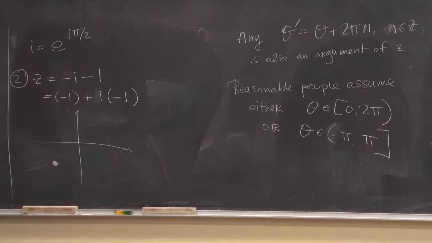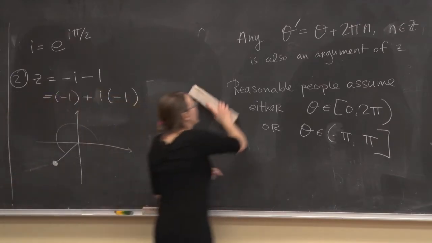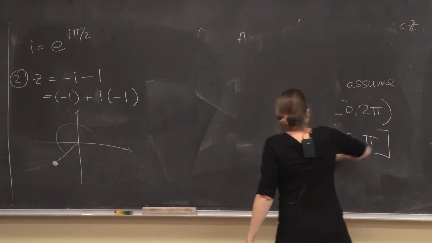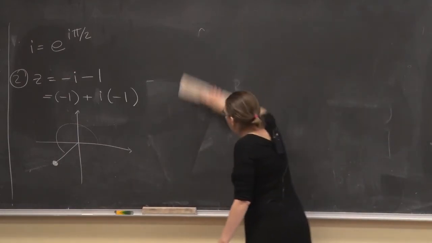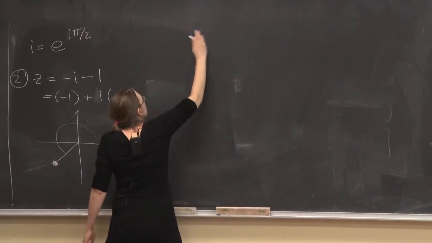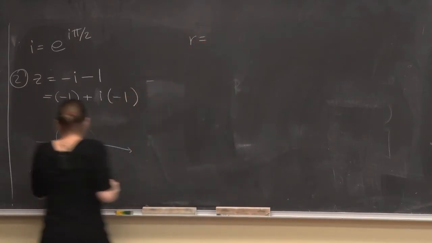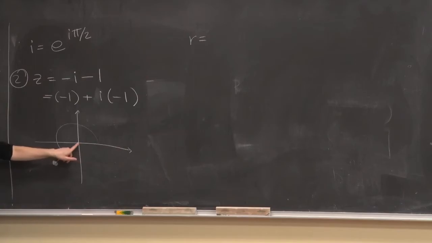Okay, so again, I need to figure out what r is, what this distance is between my point and 0, 0, and what this angle is between the positive x-axis and my line that I just drew. Well, r is going to be the distance between my point and 0, 0.